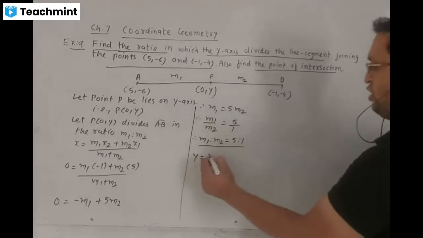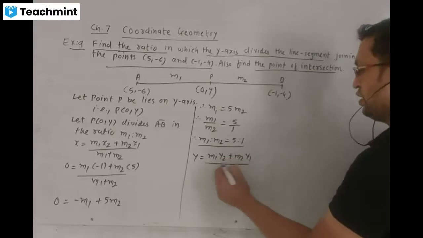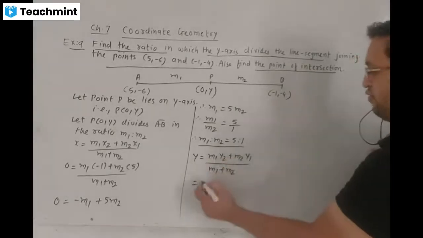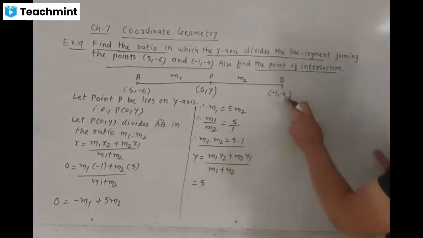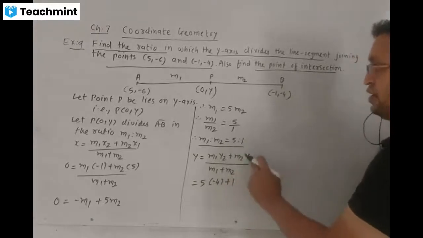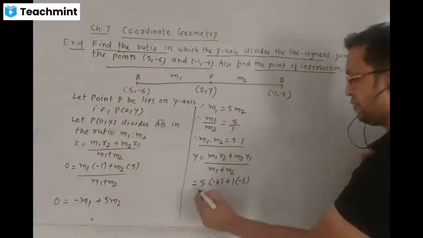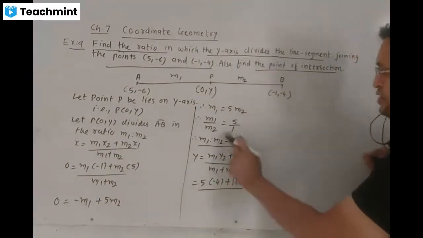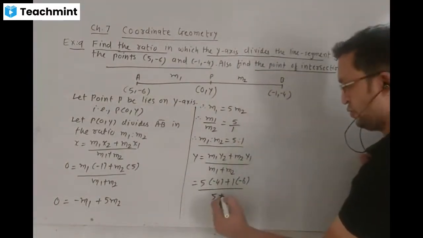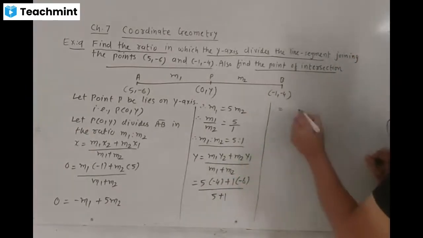Put this value in the y formula, then find the intersection point y. y is equal to (m1 y2 plus m2 y1) divided by (m1 plus m2). Here the ratio is 5 is to 1, m1 is 5, y2 is negative 4, m2 is 1, y1 is minus 6, divided by 5 plus 1.